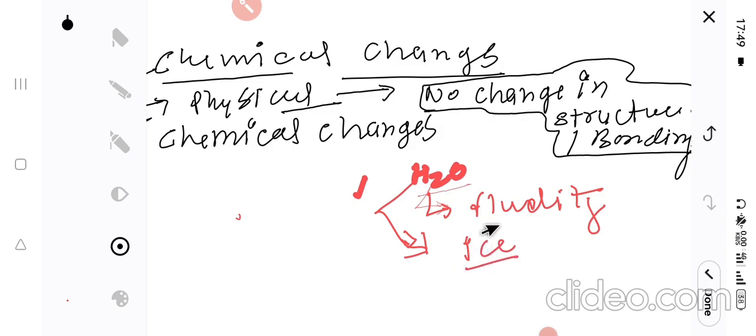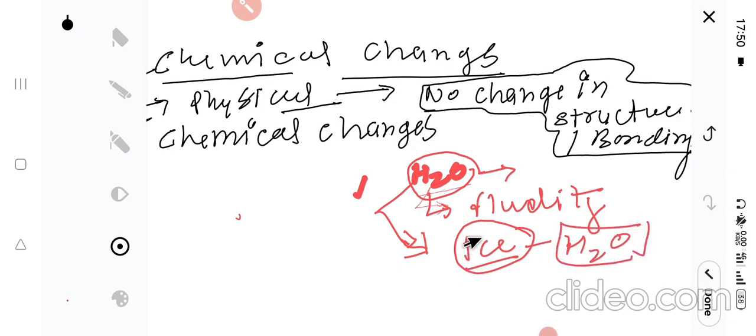So liquid water is H2O, and ice also remains H2O, but the physical state has changed. Here is a liquid and here is a solid, right?